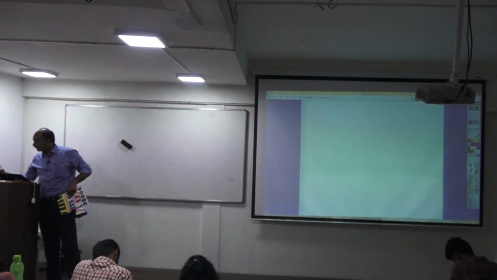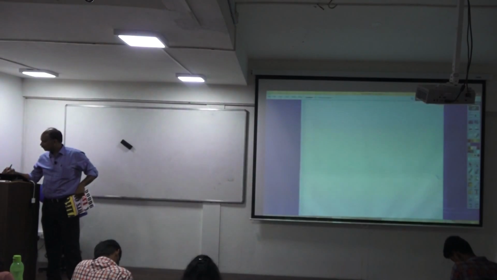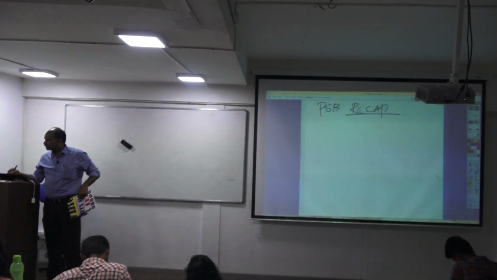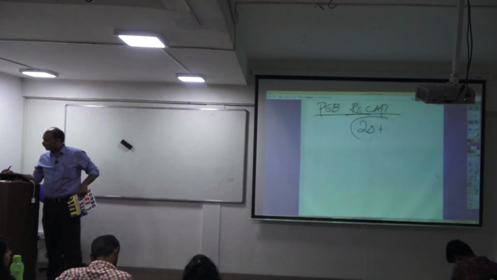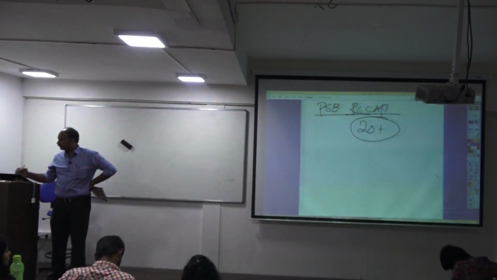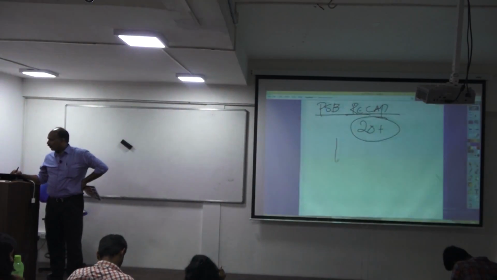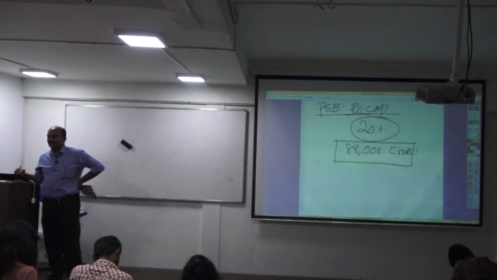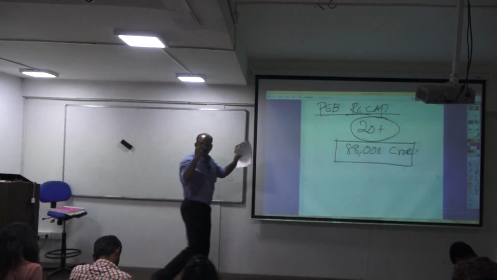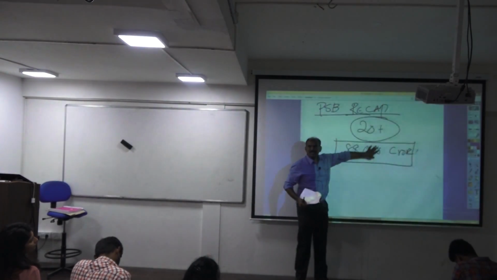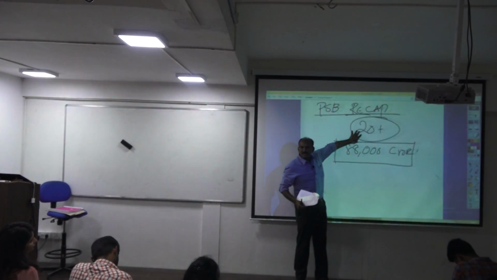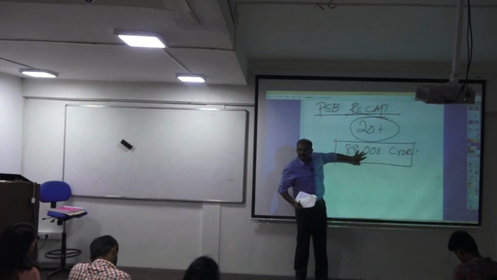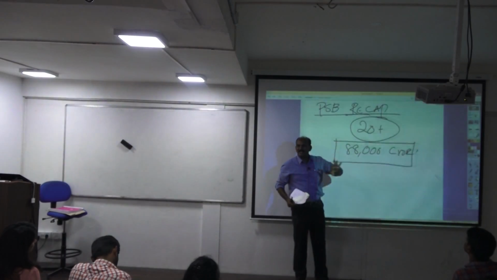Public sector banks recapitalization. You said 20 plus banks are there, and huge losses were made. Now what is the quantum of amount required, recently known as what? 88,000 crores. This much huge capital is required by all the banks which are controlled and managed by the government, and the government has to provide it.